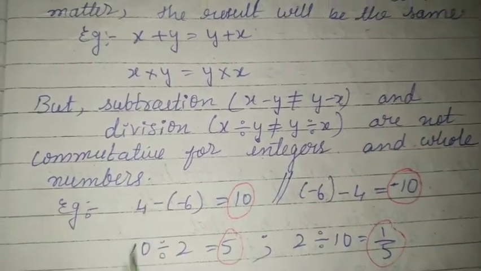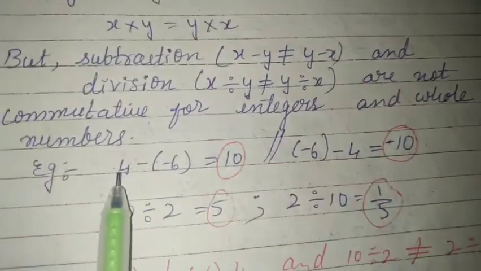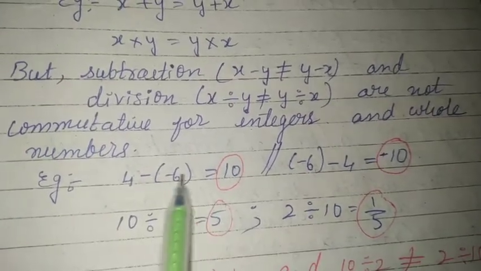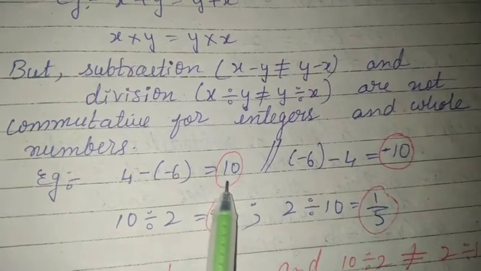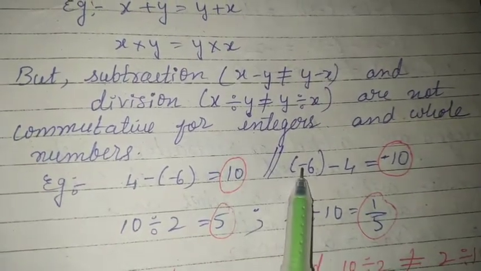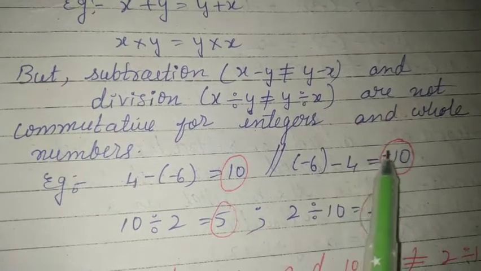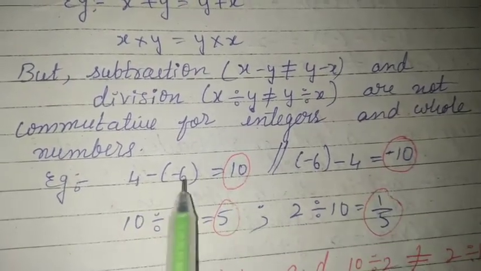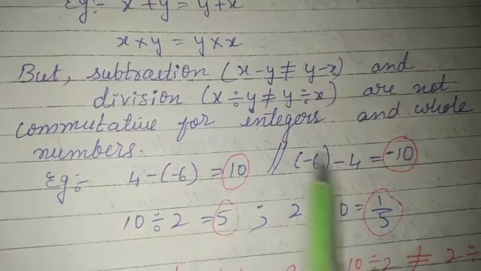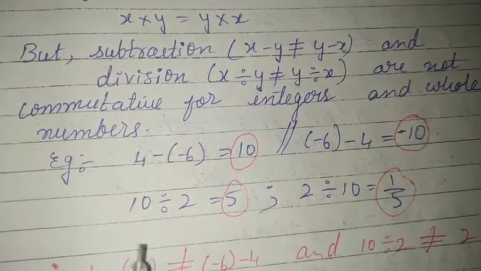You see the example, you can understand. 4 minus minus 6, the answer is 10. Minus 6 and minus 4, the answer is minus 10. So the answer is different: here we are getting 10 and here minus 10.